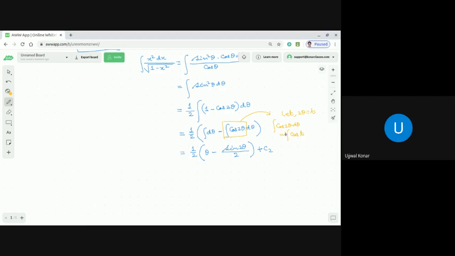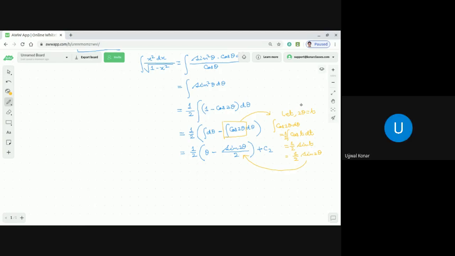So 1 by 2 will come and it will be dt. So 1 by 2 into integration of cos t is what? Sin t. Now you revert back the value of t, that is sin 2 theta. That's what we have written here.